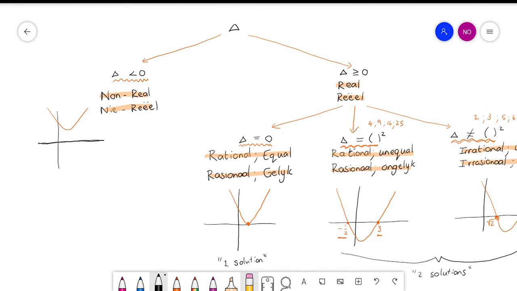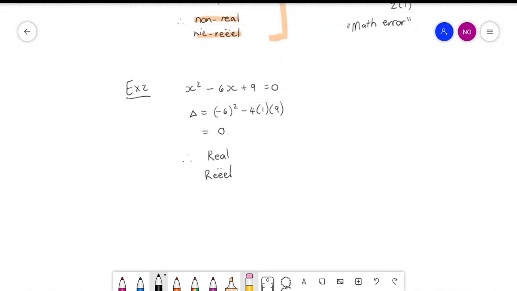So in this case, I'm working with equal to 0. Met ander woorde, die ander twee goed wat ek gaan byskryf is dat dit rasionaal en gelyk is. So I'm going to go add that. And that is your complete answer.